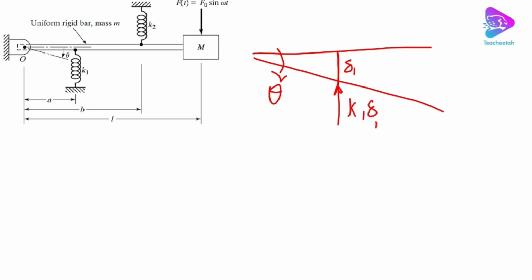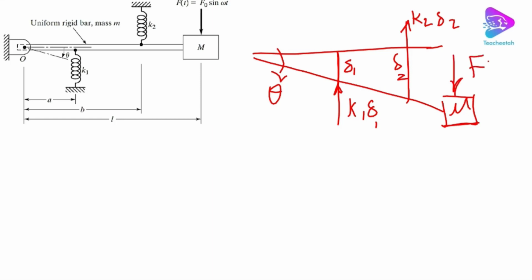At the other point, on top, because it's going down, there is a force again resisting against the direction of motion, which is K2 delta 2, and you know that this is delta 2. And finally, we have the mass M, and the force Ft is applied to the mass M. But interestingly, here we also have the mass of the rod, so the rod also has a mass.